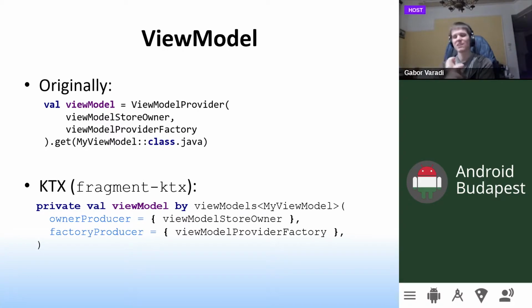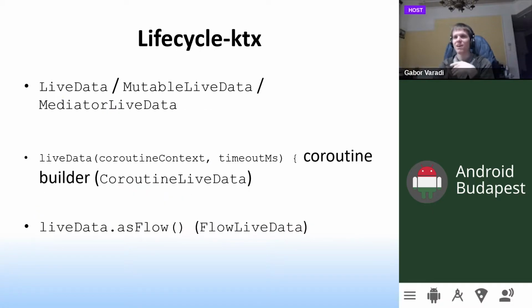Like, for example, providing the save state handle and also providing the application instance to an Android view model. But what's important here is that this is a lazy evaluation. We will see later that we should resolve this in onViewCreated.